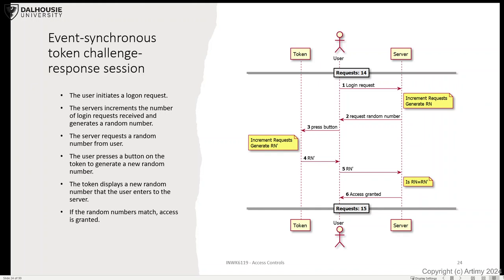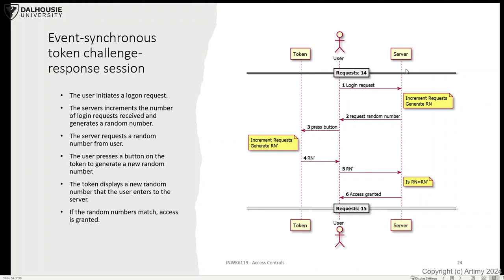This one also has a problem. The problem is, let's say the client, the user, requests a login. So the server says, okay, this is your 65th login, so I'm gonna generate a random number based on this. The client here says, oh, never mind, I don't want to log in now. I want to go somewhere else and come back later. So when they come back later, they will try to log in again.